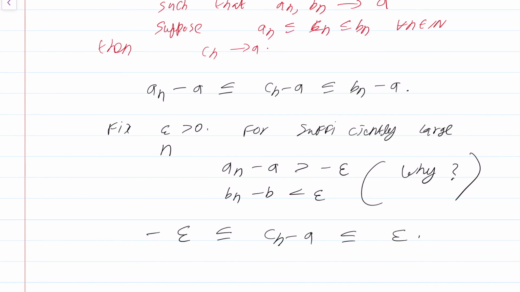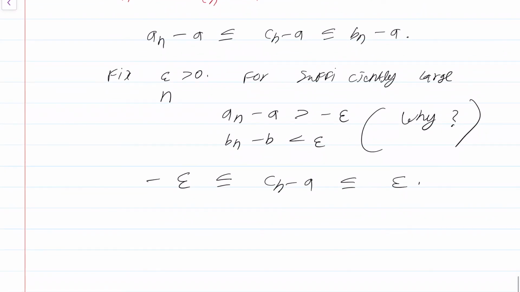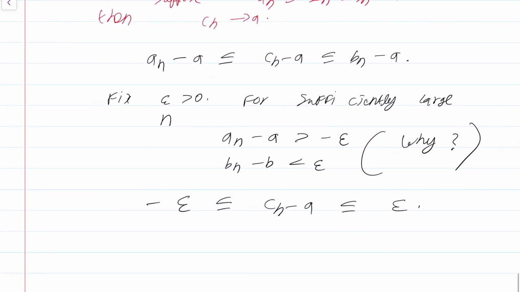In fact, you will have strict inequalities, but sometimes just for convenience, I will not keep track of whether something is less than or equal to. Any statement where I replace a less than by less than or equal to is still true, though not optimal. That's not really relevant to the proof. So that means mod Cn minus A is less than epsilon for sufficiently large n.